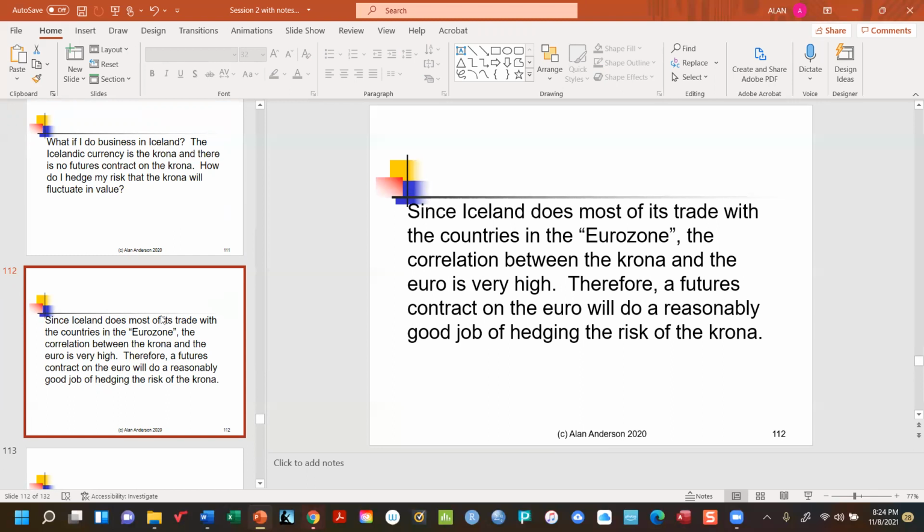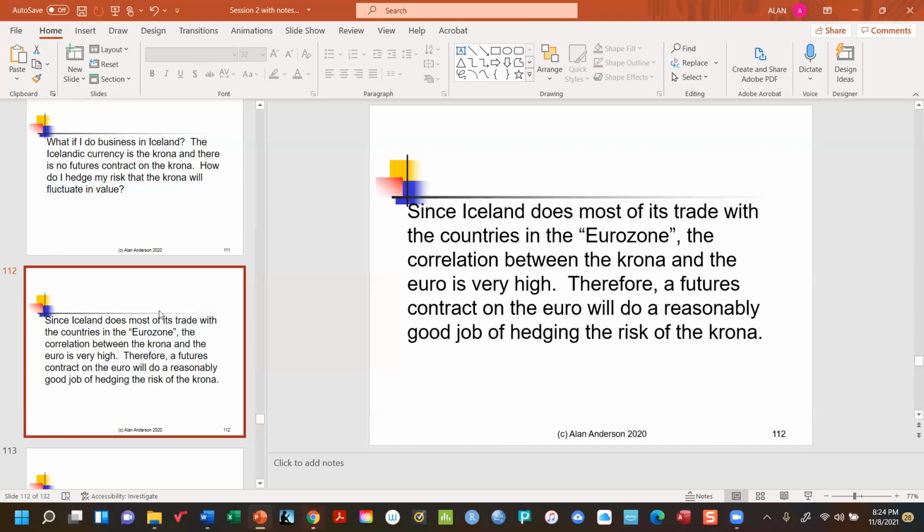So if I choose a futures contract on the euro, even though it's not the same currency, it will do a very nice job of hedging the risk of the krona fluctuating. It's a compromise, but it's a pretty good compromise. There's no such thing as a futures contract on the Icelandic krona, but I can still get away with using a futures contract on the euro because of the close connection between the two currencies.